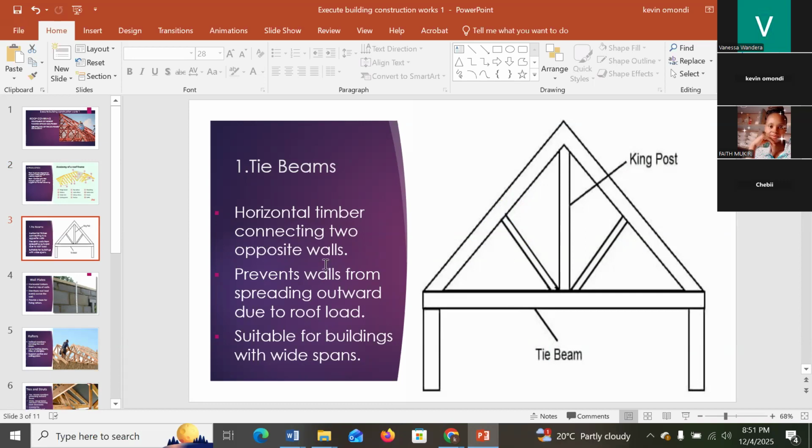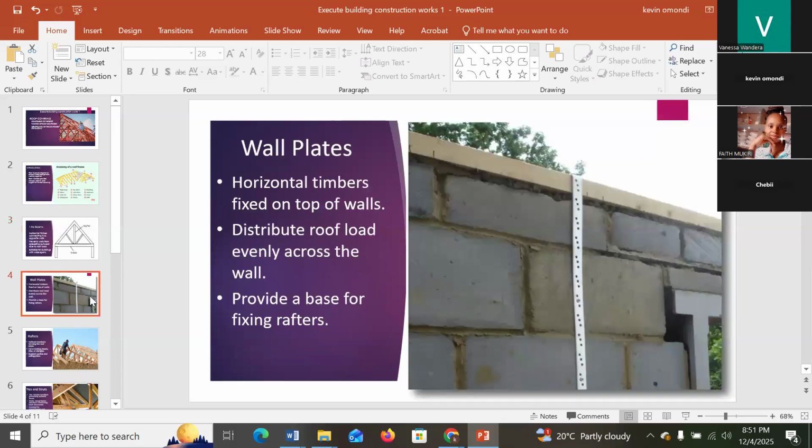Then we have the next component, the wall plate. The wall plate is a horizontal timber fixed on top of walls. It helps to distribute load evenly across the wall.